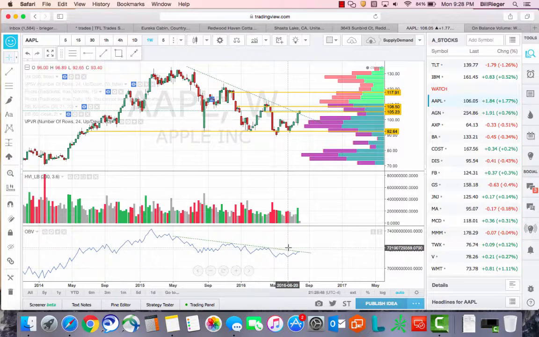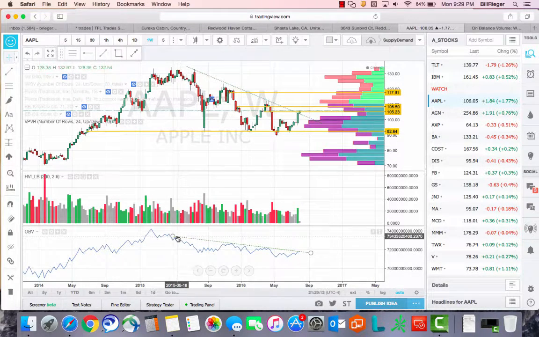Another thing I added to my chart as I continue to study volume is on-balance volume. You can look up what that indicator does. It's essentially a volume accumulation. It goes up or down based on the candle close, red or green.